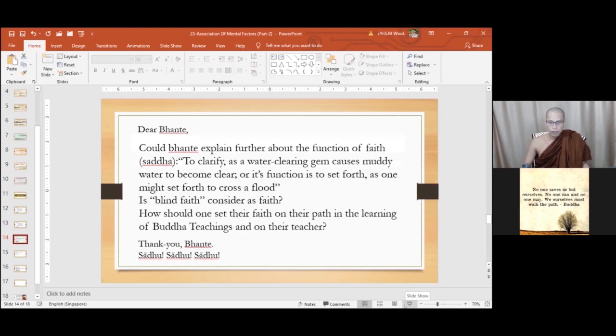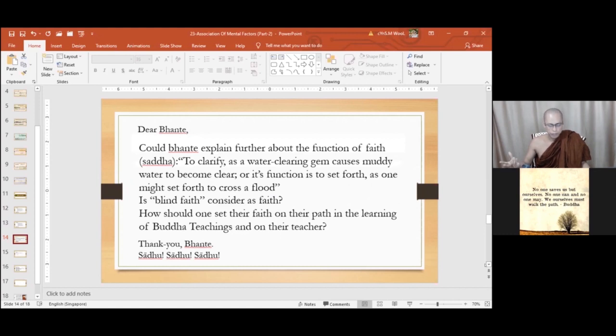Okay, so about saddha, the clarifying, similar to the water-clearing gem. When the water-clearing gem is put into muddy water, the water changes to clear water. In the same way, when faith, saddha, arises in the mental process, it makes the other mental factors and the consciousness clear.